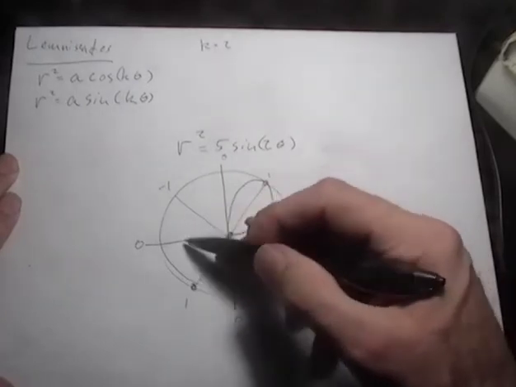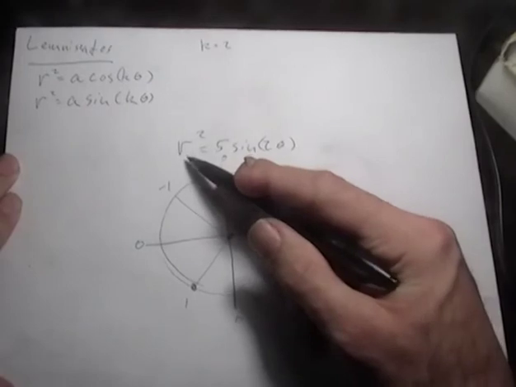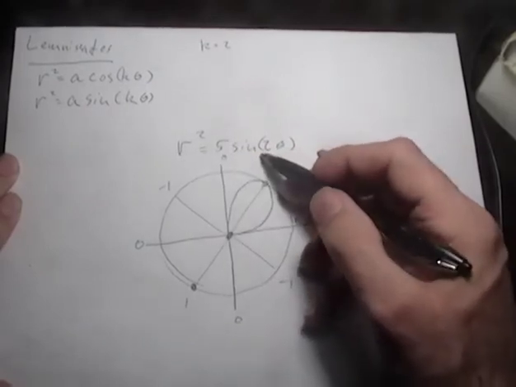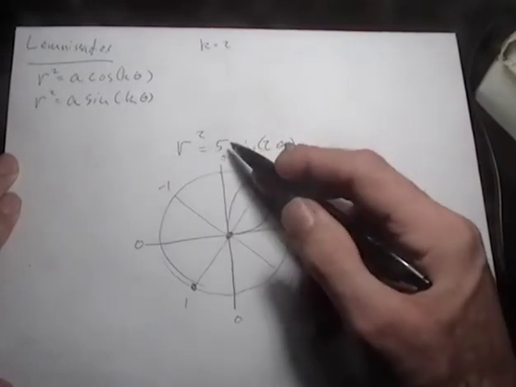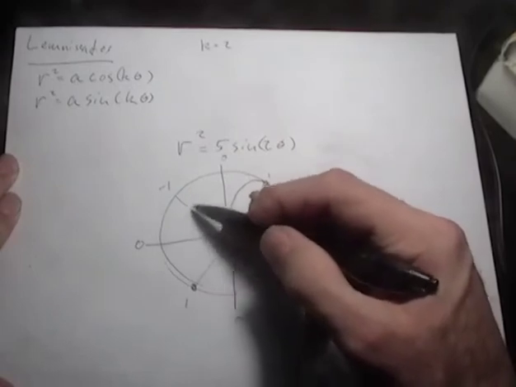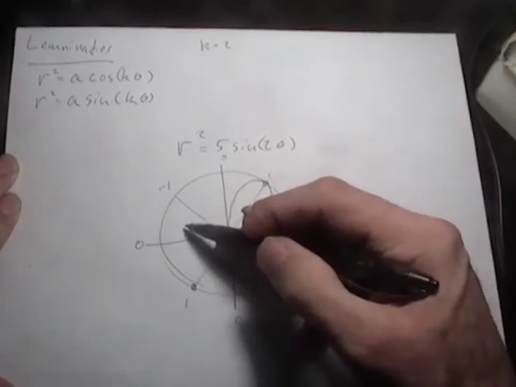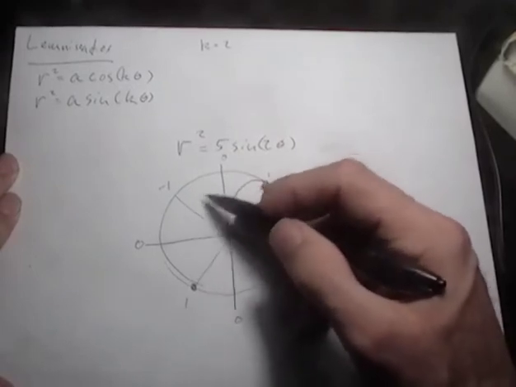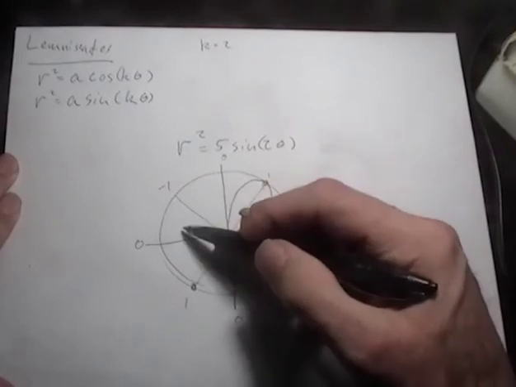In quadrant 2, I have r squared is equal to 5 times a negative number. Since r squared can't be negative, in this entire region, looking out along quadrant 2, we have a void. There are no points in this region.